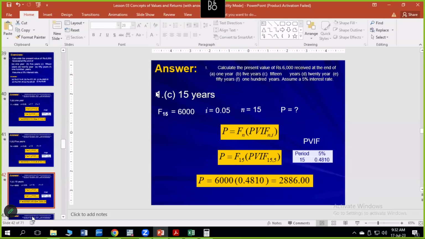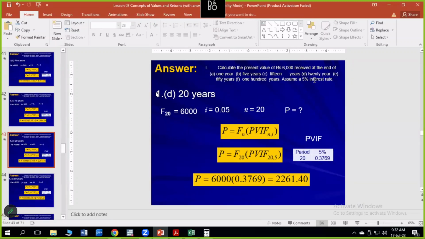Question number D. You can work out 20 years. So you define F20, 6,000 and N is 20. So 5% interest.